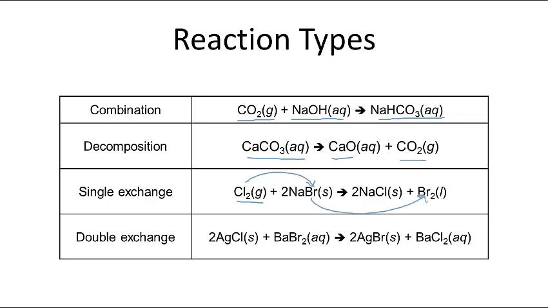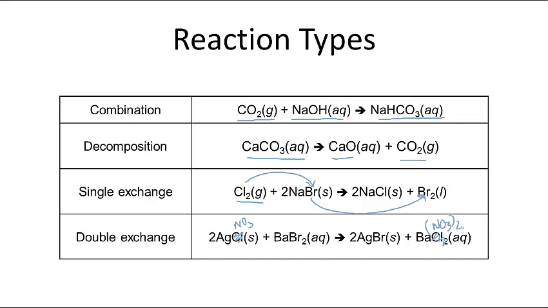And here we have silver chloride. And this should not be exactly what I have. It should be like silver nitrate and barium bromide. So this is going to be AgBr, which is a solid, and barium nitrate.